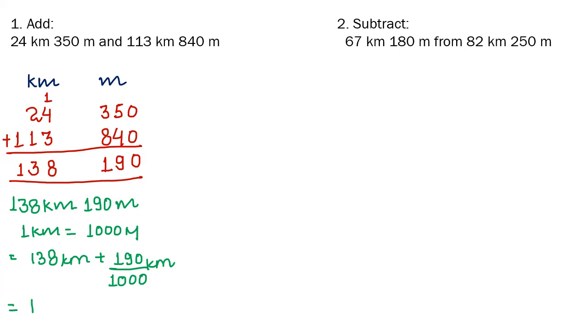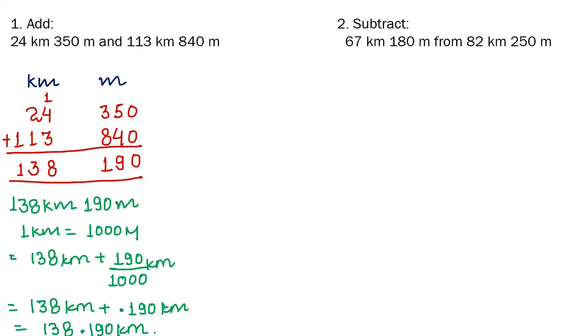Now it will be 138 kilometer plus 3 zeros are there, so we will put a decimal before 3 places, means before 1 we will put a decimal, so it will be 0.190 kilometer. So 138 plus 0.190 will be 138.190 kilometer.